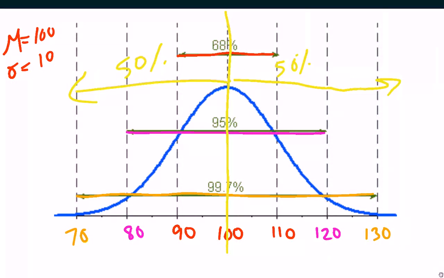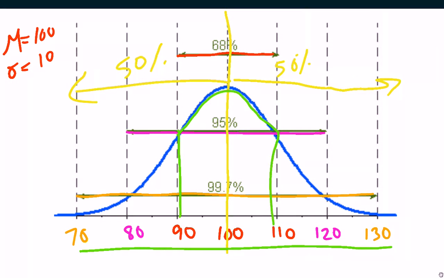How I like to think of it is first I do my mean and standard deviations at the bottom. Then I label my 68, 95, 99.7, and then I basically split each of those in two. So the 68 is this chunk right here, right? If I split that in two, I would get a section that's 34 to the left and 34 to the right. My next section goes out to 95, but I've already accounted for 68.